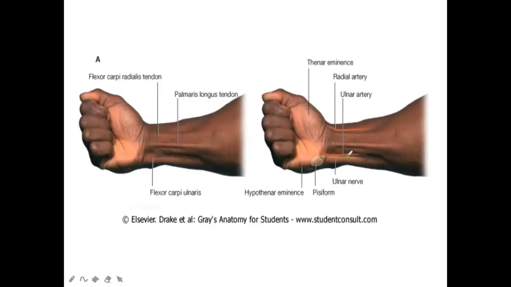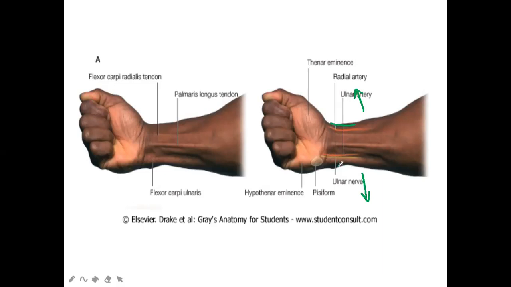If you have an ulnar nerve here, you will have a radial nerve at this point. In the anatomical position, this is medial and this is lateral. So if there are questions asking you, now you know that the arteries are enclosed by the nerves on the anterior aspect of the forearm, at the region of the wrist.